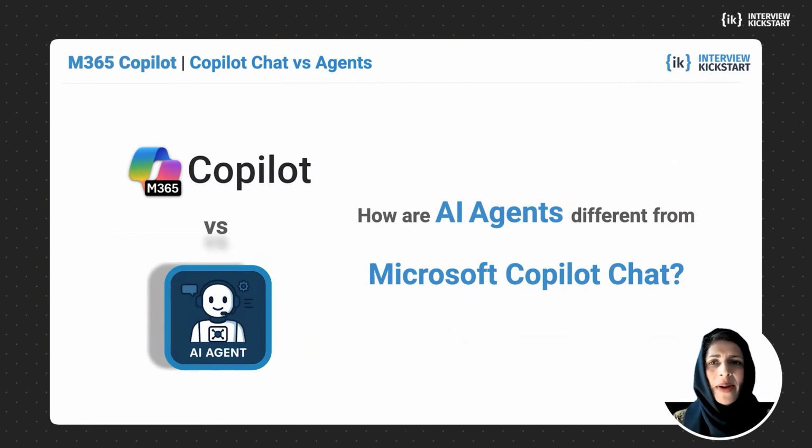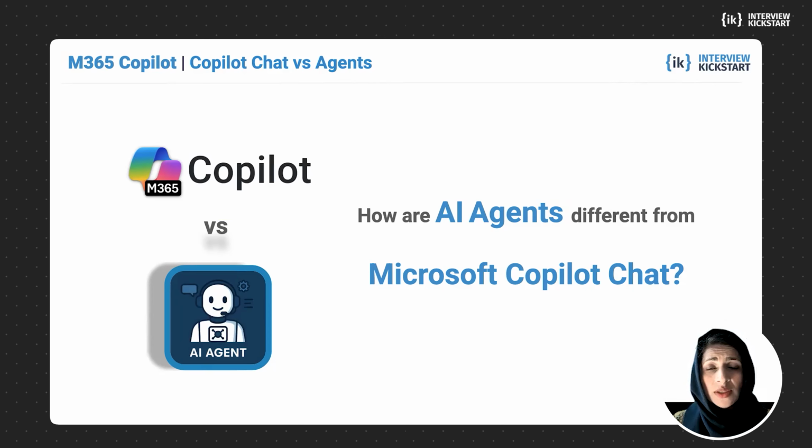Now let's talk about the difference between Copilot chat and AI agents. I'm sure you have probably seen and are familiar with Copilot chat. It's great for handling individual tasks, but AI agents take a step further. They're designed to work across multiple tasks, maintain context, and even act proactively.